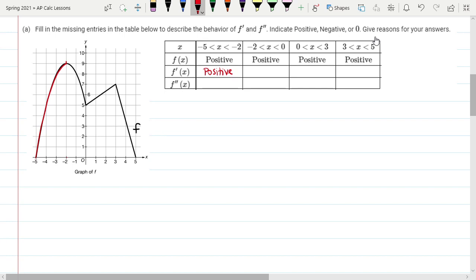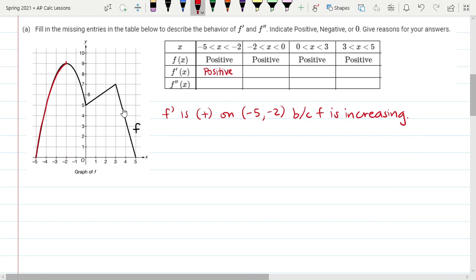Now it does say to give reasons for your answers. So f prime is positive on the interval -5 to -2 because f is increasing.